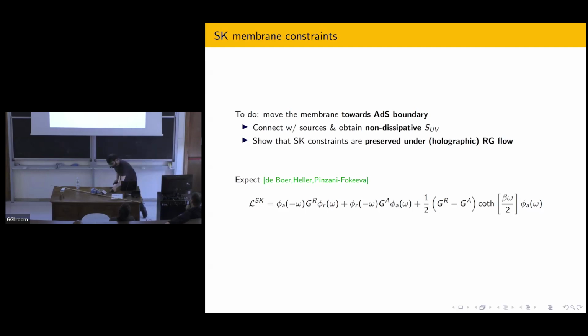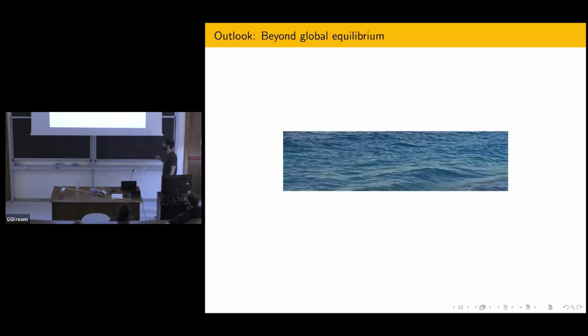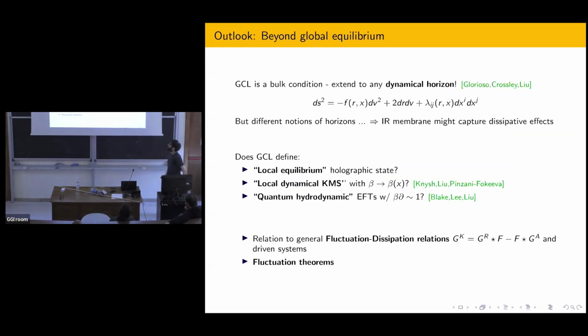Since I'm almost out of time, I will just very quickly say that the most interesting thing is to apply all this in other setups, in far from equilibrium setups. Because GCL is so easy to use, it has been proposed that this prescription can be extended to any dynamical horizon.